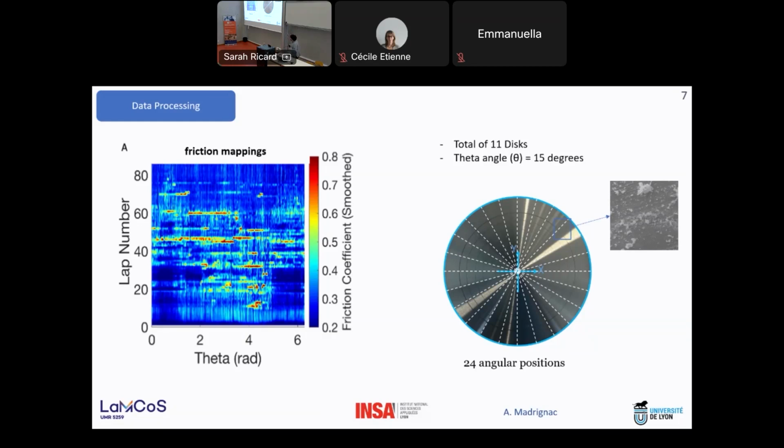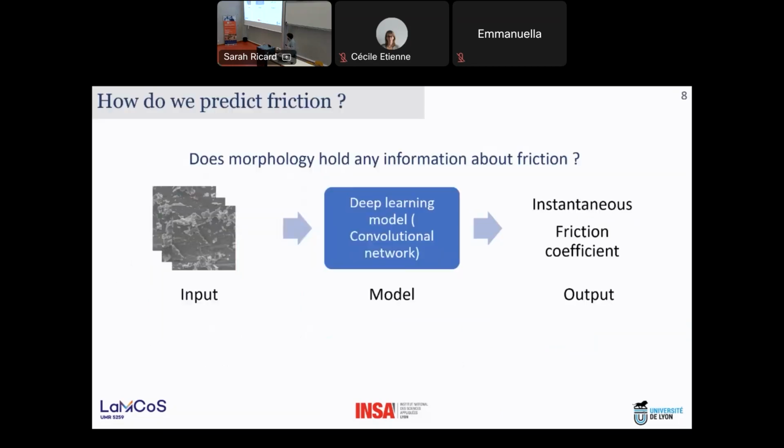So the main question here is why, for the same material pair, we have such a wide range of friction values. So to answer this question, we're using AI. So our idea is to have a model that takes SEM images as an input and outputs an instantaneous friction coefficient.